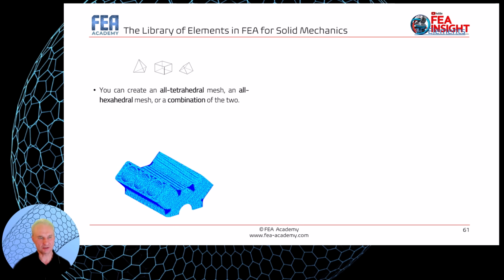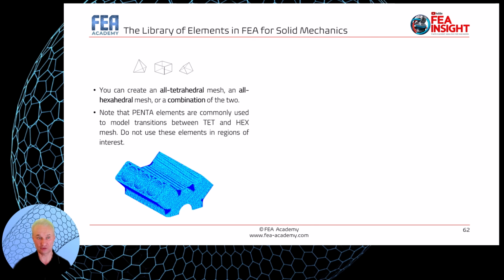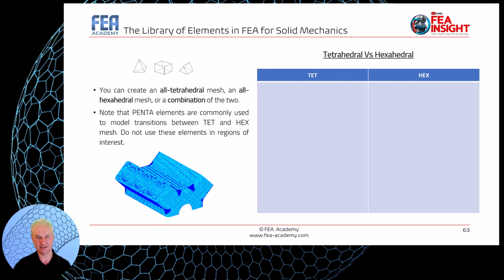You can create an all tetrahedral mesh, an all hexahedral mesh, or a combination of the two. You can mix them, but you will have to manage the transition between the two. Also the penta elements are commonly used to model the transition between the tet and the hex mesh, but you don't use them in the regions of interest.